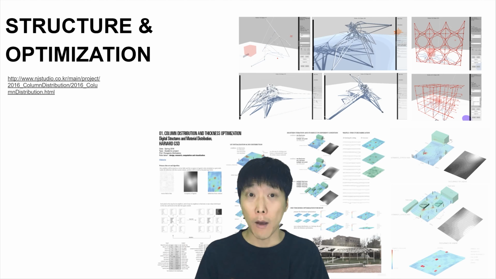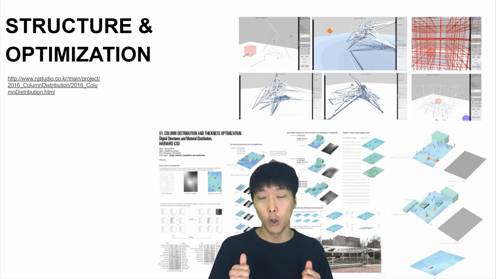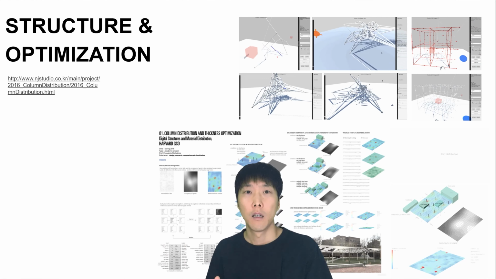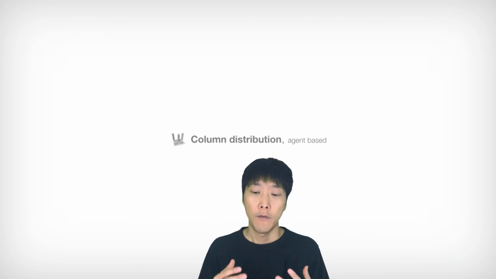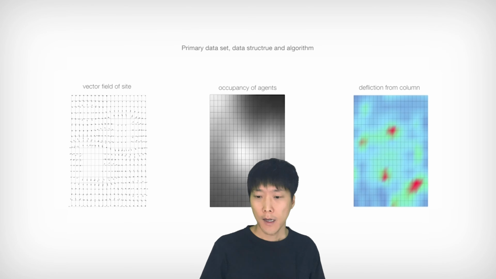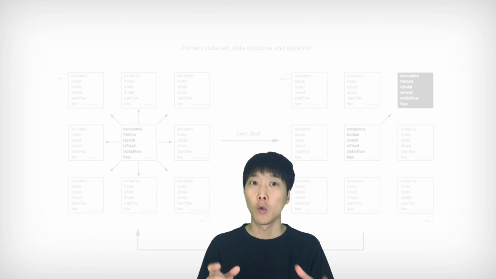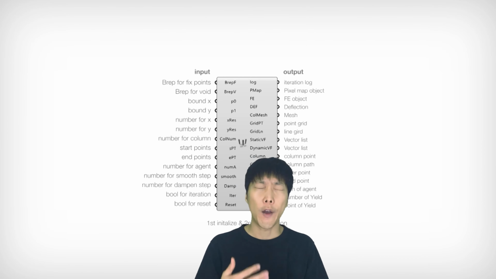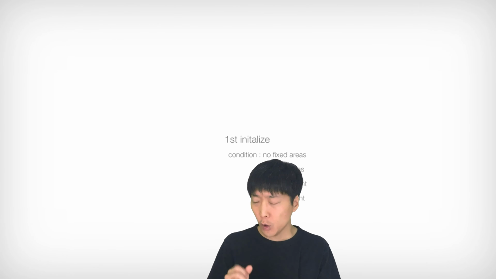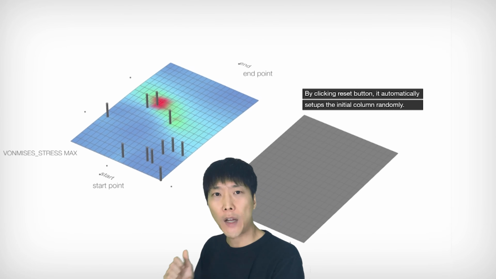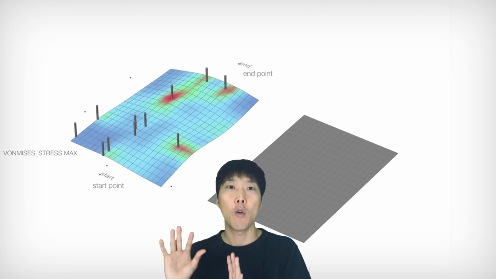As you can see, we want to install a roof in that place. What is the best place for locating columns to support the ceiling, right? In this context, we set up the rules, and at each iteration the column tries to move in the direction that supports more weight.